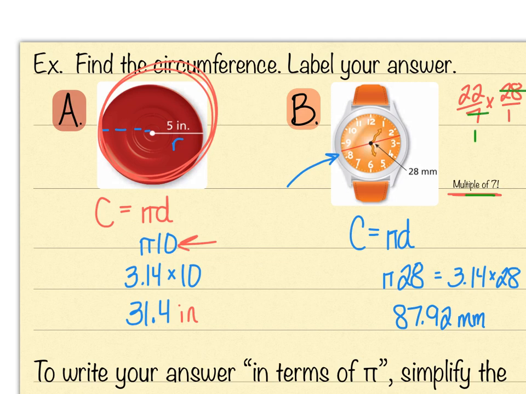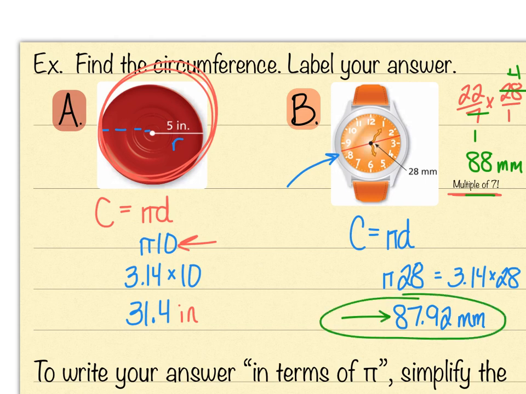And so 7 goes into 28 4 times. And then I really just do 22 times 4, which is 88. And you can see how close our answer of 88 millimeters is to our answer of 87.92 millimeters that we got down here. So Big Ideas might even tell you, use 22 over 7 for pi because you get a better answer.